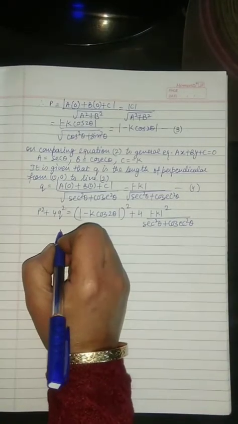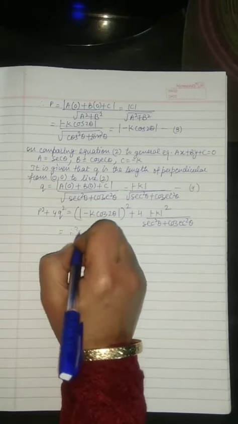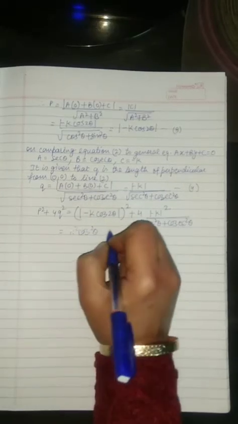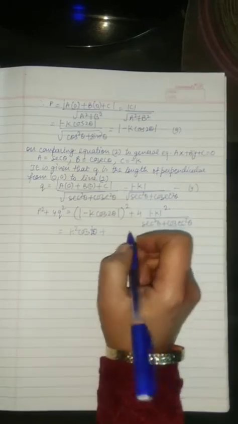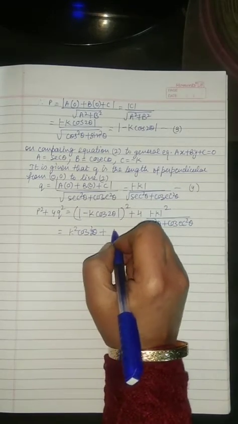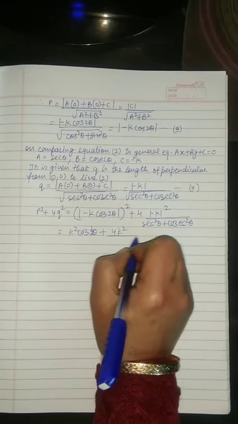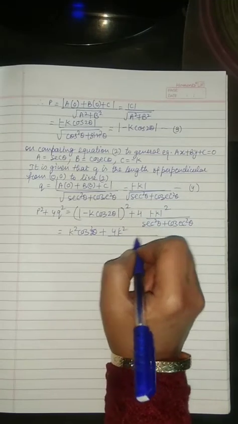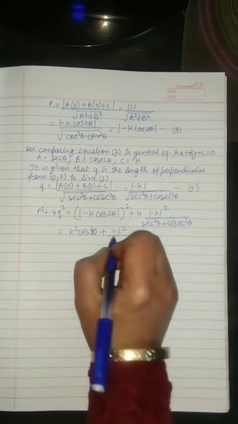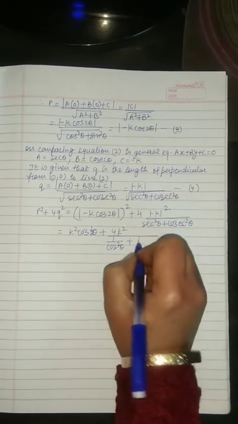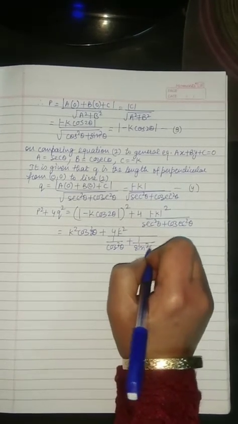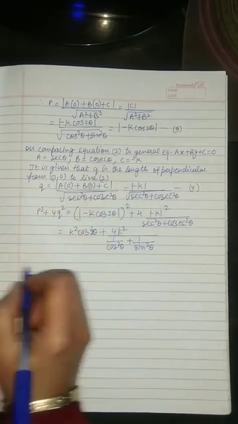Now on solving it we will get k square cos square 2 theta plus 4k square upon, now we will write secant square theta as 1 upon cos square theta and cosecant square theta as 1 upon sin square theta.